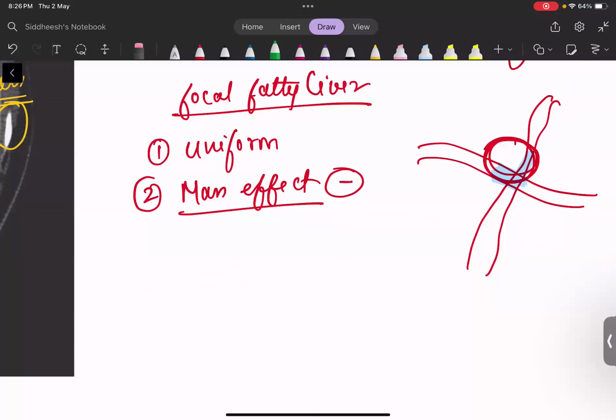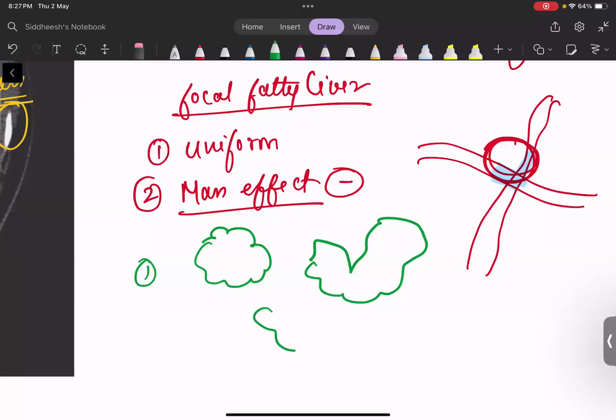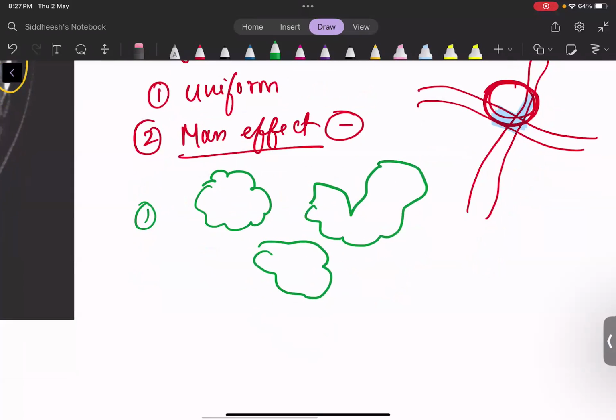How to differentiate? Those hypoechoic patches will be very non-uniform in shape and size. They might appear like this. Uniform shape will not be there. Plus, they might be a mixture of hyper and hypoechoic.